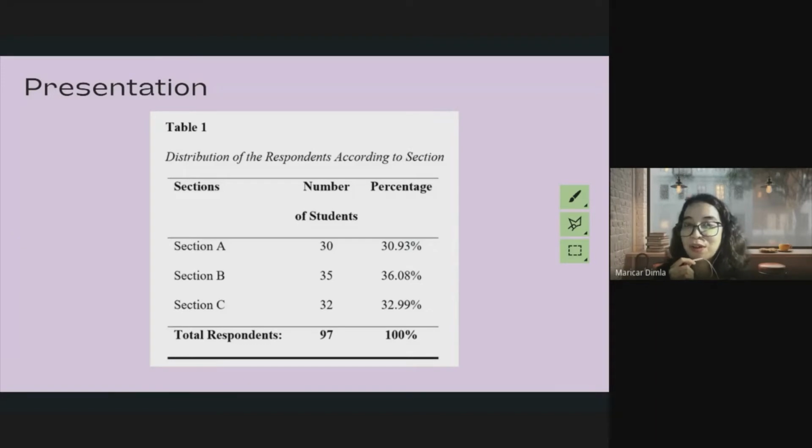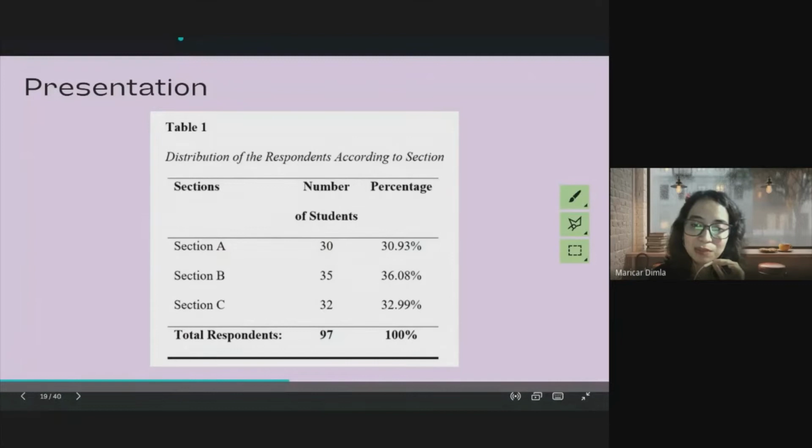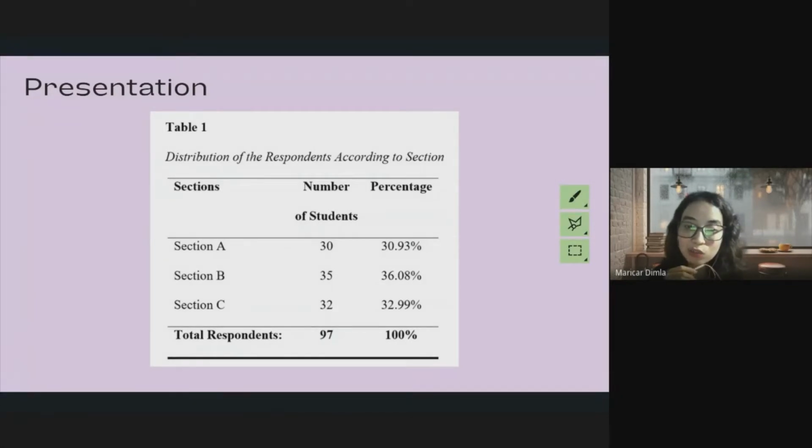Huwag nyo laging kinu-question. The moment na may table, kailangan may interpretation? Case-to-case basis yan. Baka mamaya, wala naman talagang RL and RS that could support that. Bakit mo lalagyan? Bakit mo hahanapan? Example is this one.